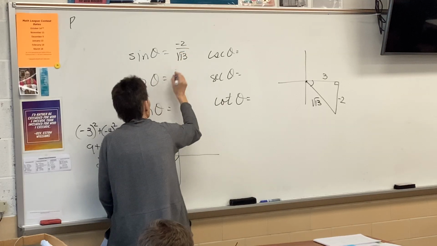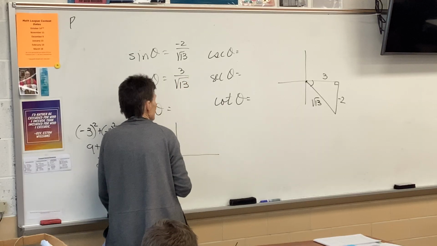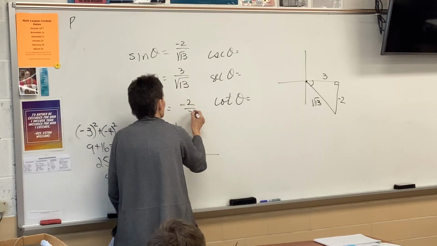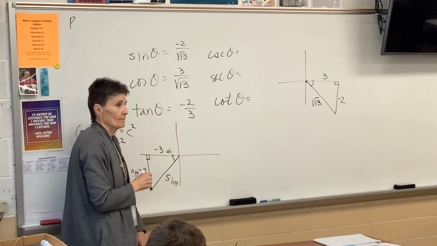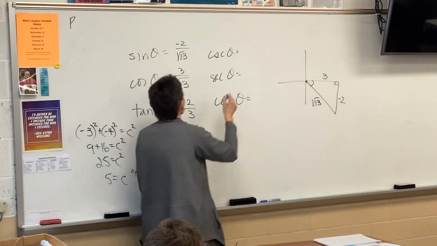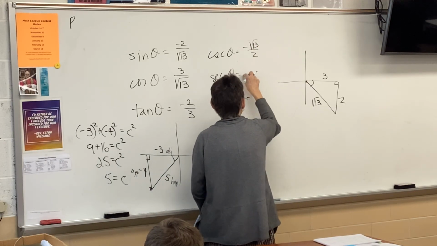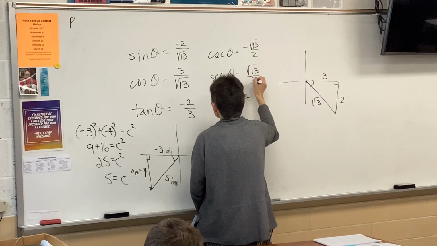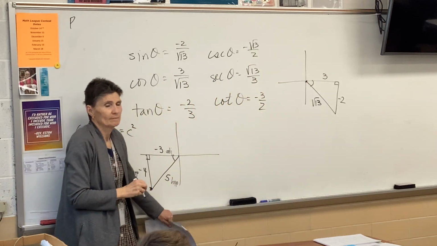Cosine, 3 over root 13. And tangent, negative 2/3. And we just flip them. So negative root 13 over 2, root 13 over 3, and negative 3/2. Isn't that easy? Pretty easy.